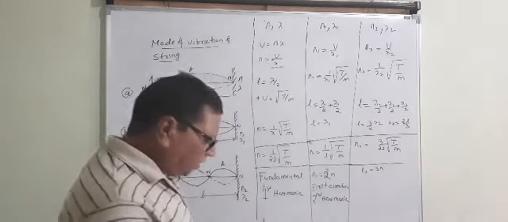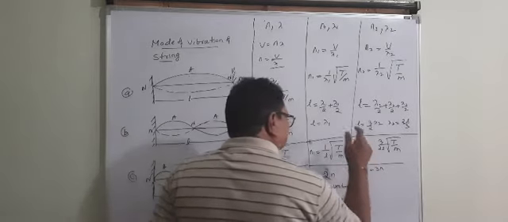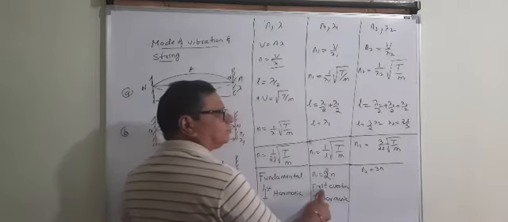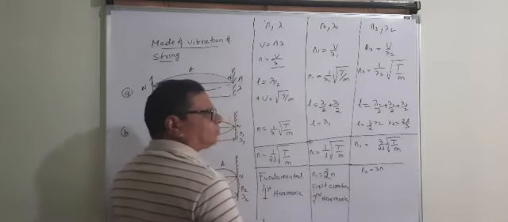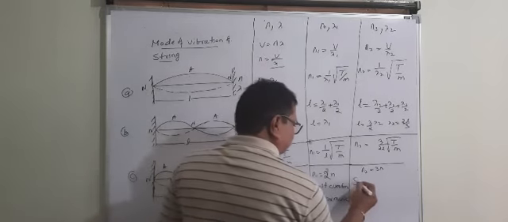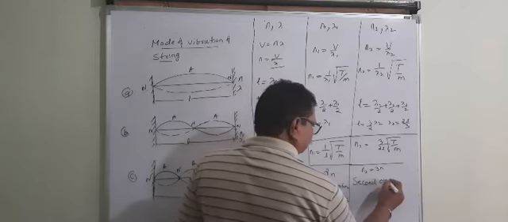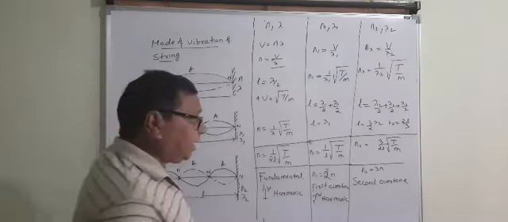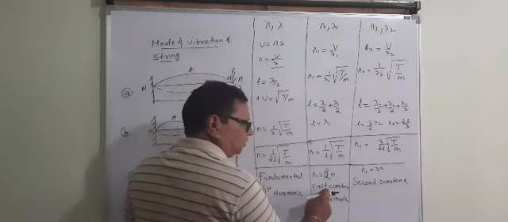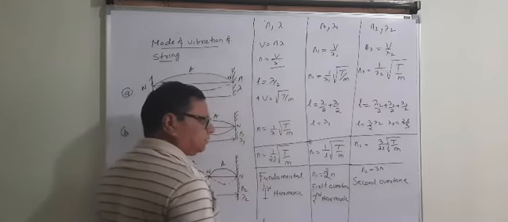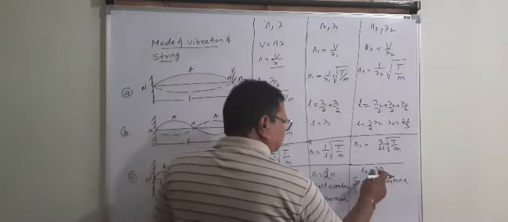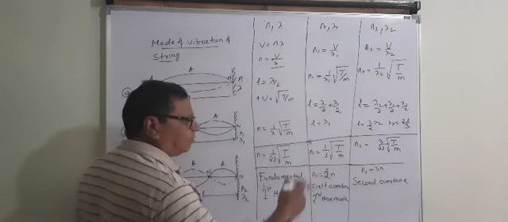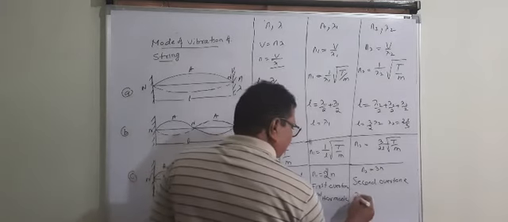Or the frequency of vibration in third mode is the next higher than the first overtone, hence it is called second overtone, and it is a multiple of 3 of fundamental frequency, or thrice the fundamental frequency, hence it is called third harmonic.